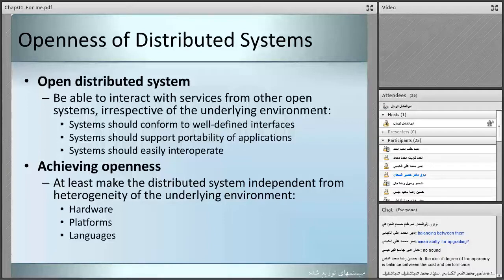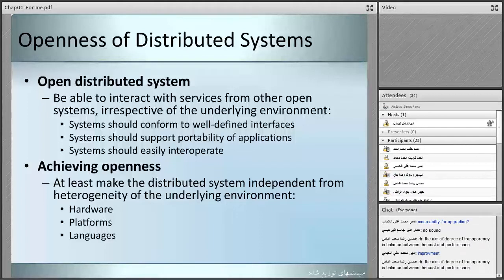The openness of a computer system is the characteristic that determines whether the system can be extended and re-implemented in many different ways, I think.